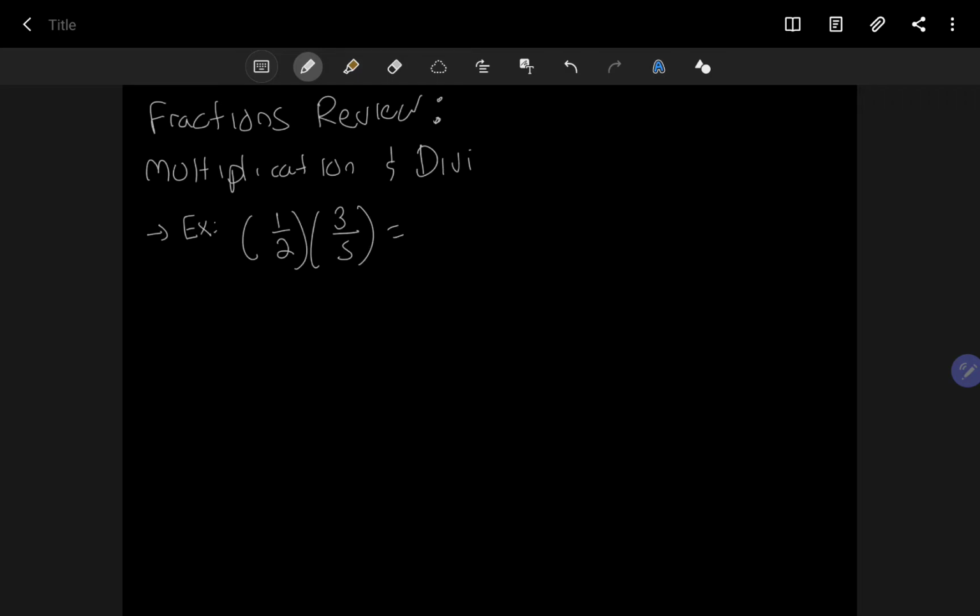And so when it comes to fractions and we're multiplying them, the only thing we need to remember is to multiply straight across. So we're just multiplying. 1 times 3 is just 3. 2 times 5 is just 10.